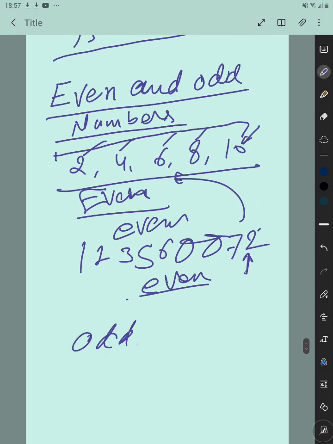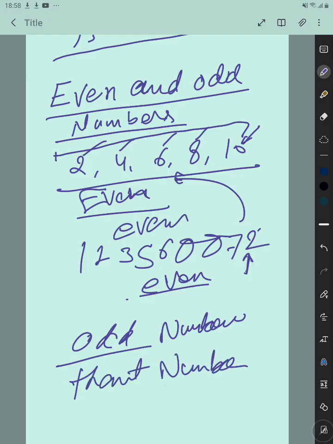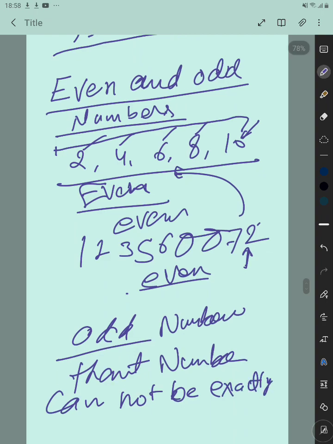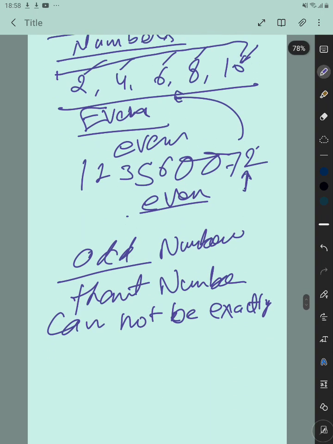Because an odd number cannot be exactly divided by 2, there will be a remainder. If a number is exactly divided, then it will not have any remainder.